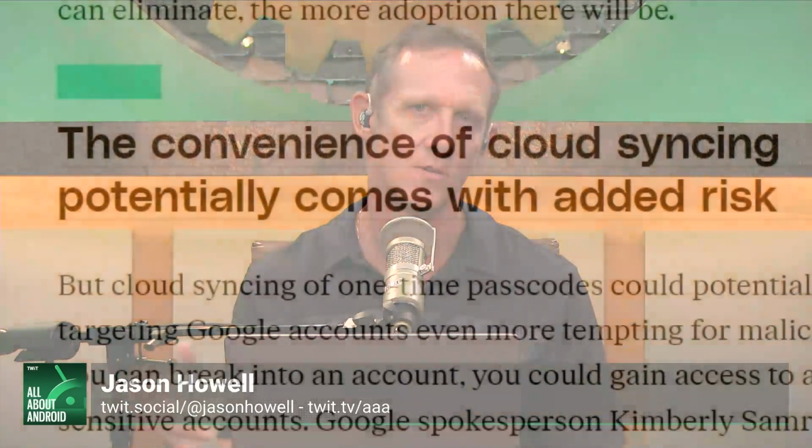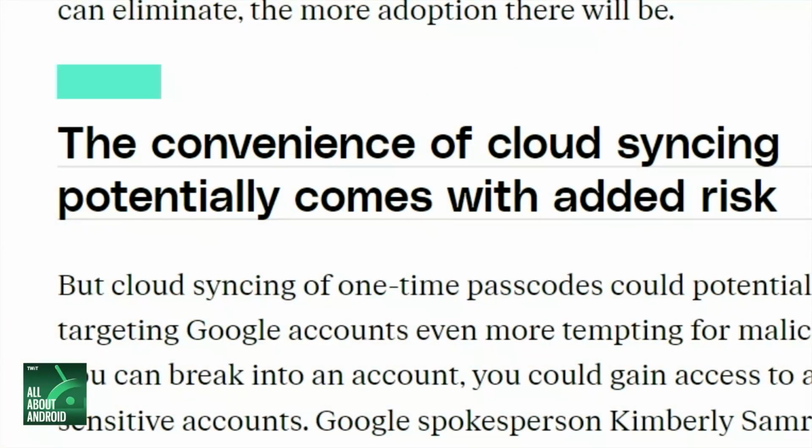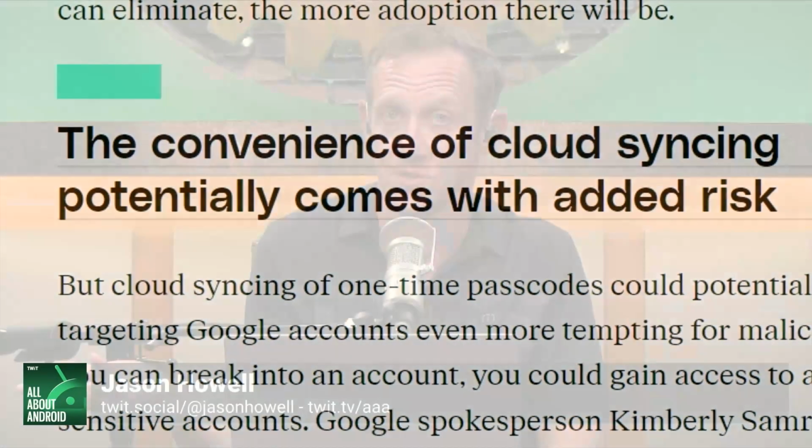Burke, you were definitely slyly hinting, for the video viewers, at the subhead on the Verge article that mentions something like, greater convenience comes with added risk. And that is, of course, the truth, right?